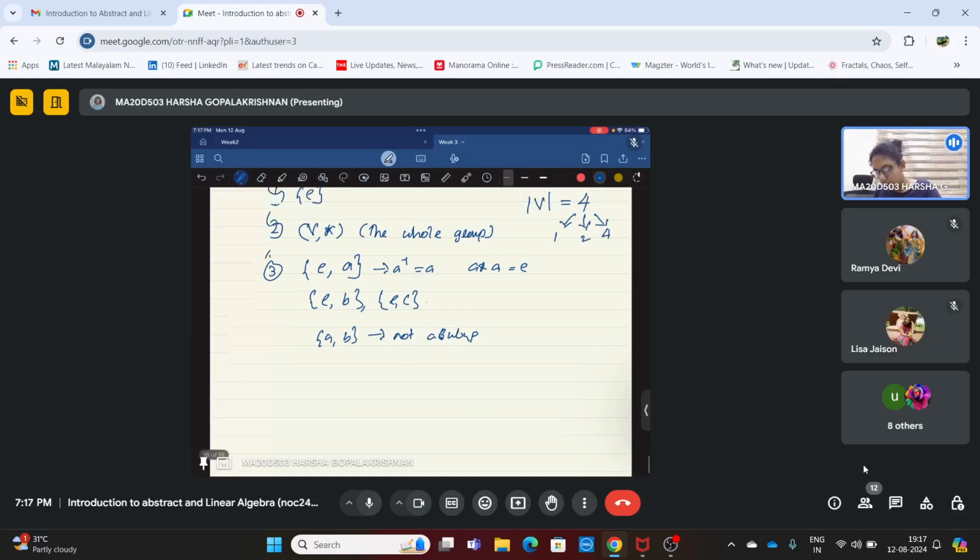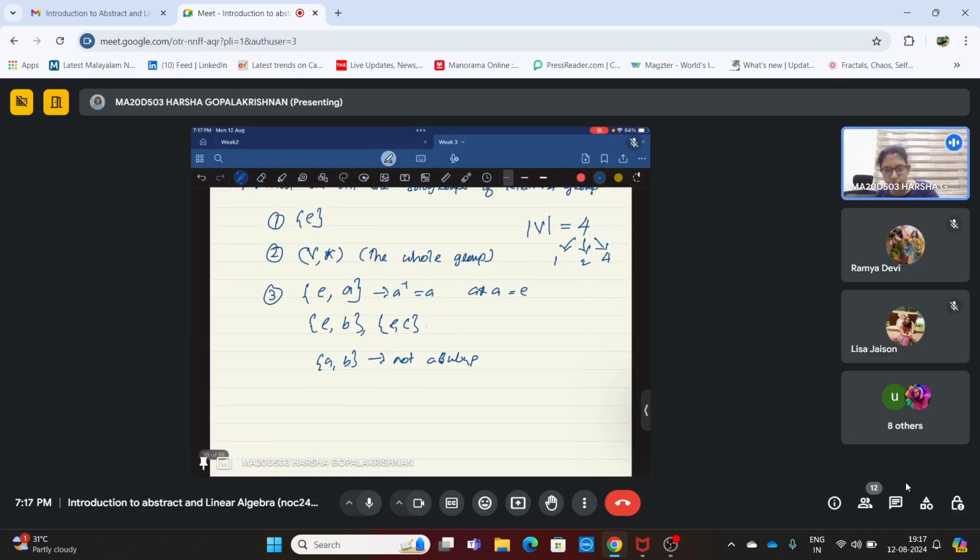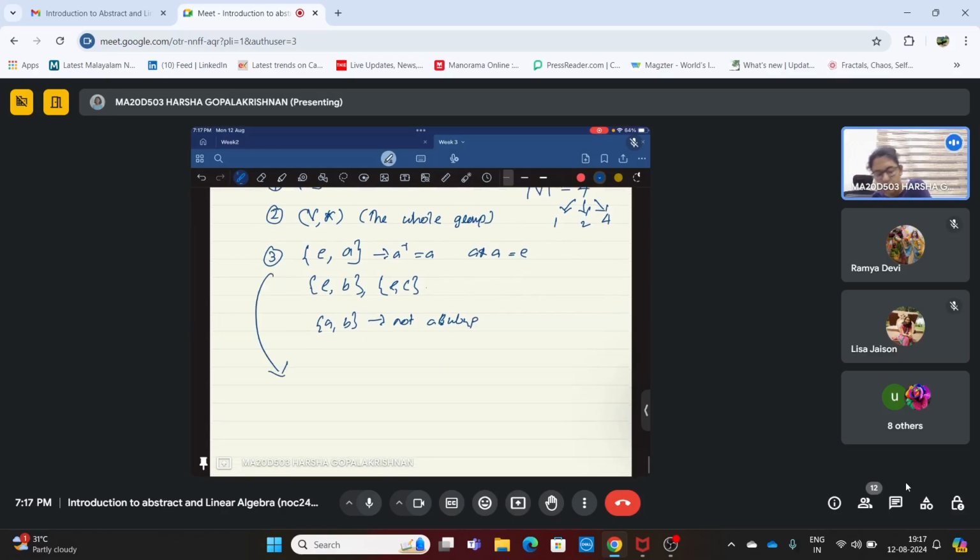Okay, by the way, one more thing, let me note here. What we can say is all these subgroups listed in these 3 are all cyclic actually. What I am saying is these subgroups are all cyclic, but the original group is not cyclic.